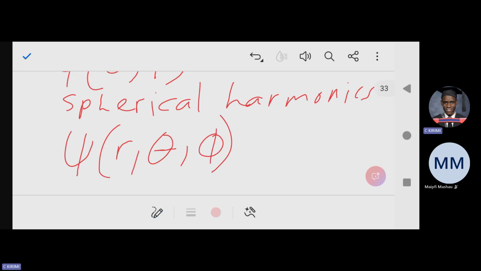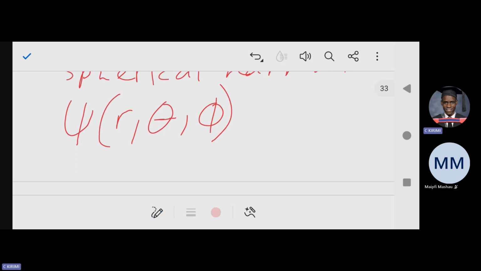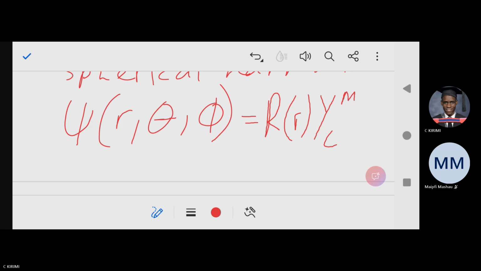In other words, this should be the same as capital letter R, which is a function of small letter r. These are what we are referring to as the spherical harmonics.